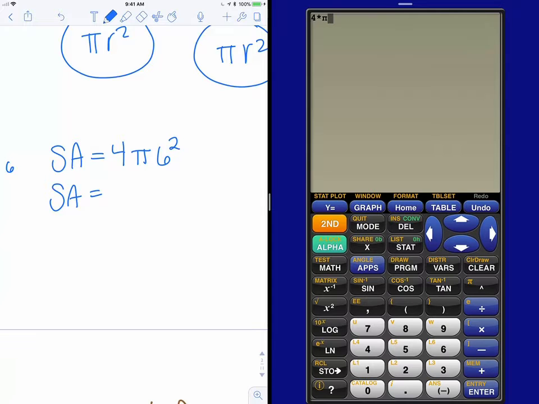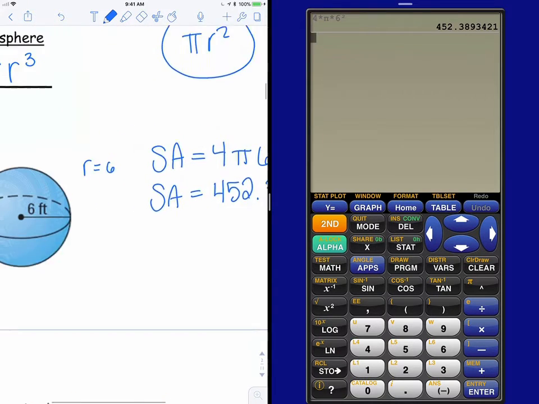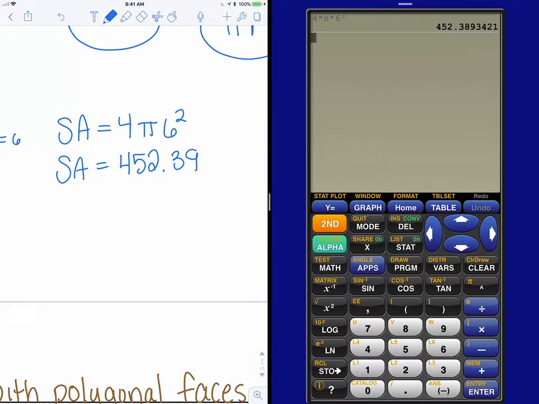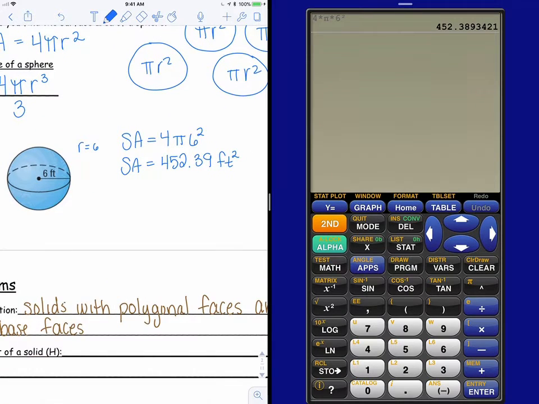There's the pi key, and then times 6 squared, and press enter. Let's go ahead and round to the nearest hundredth for this entire unit. So 452.39, and this is area. So we want our units in squared units. So it's feet squared.